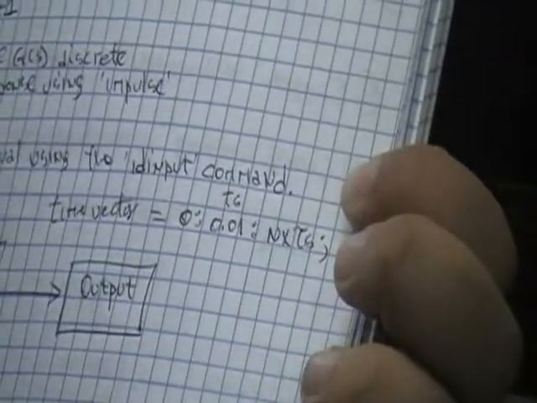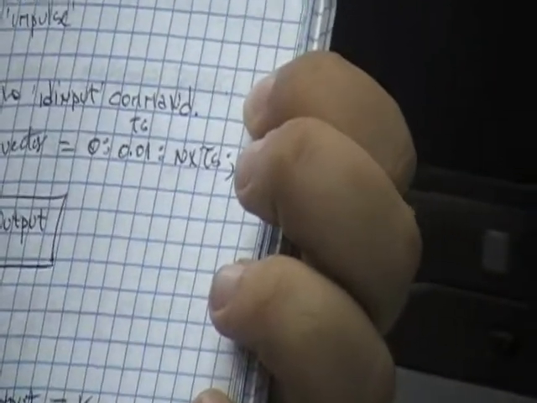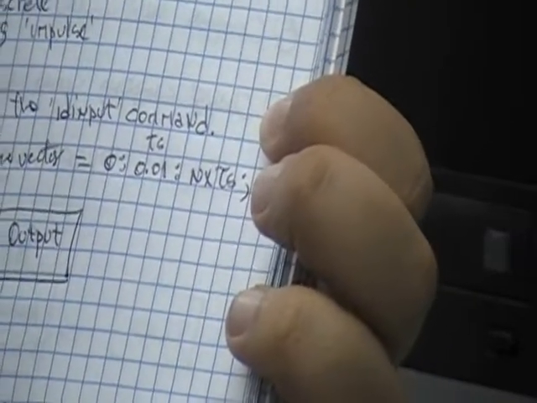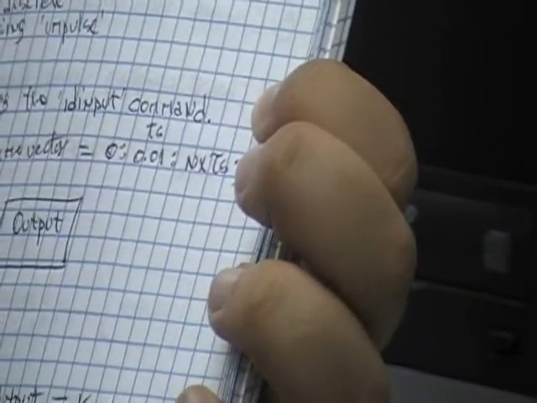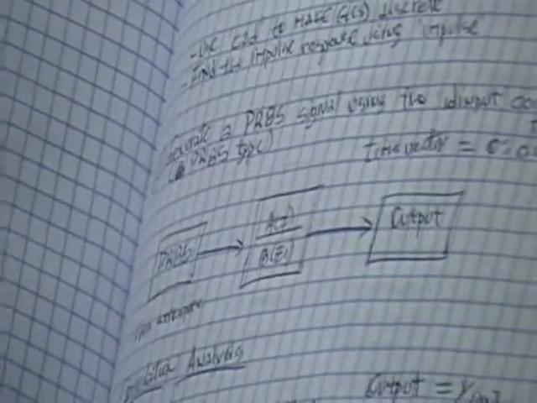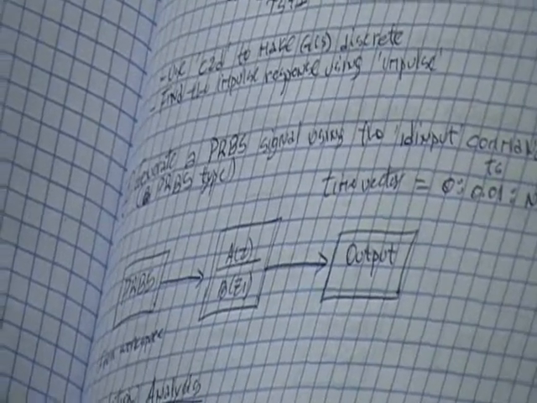Your time vector is going to go from 0 to 0.01, in steps of Ts, where Ts is your sampling time, till N times Ts, which will give you the length of time for which the experiment needs to be run.